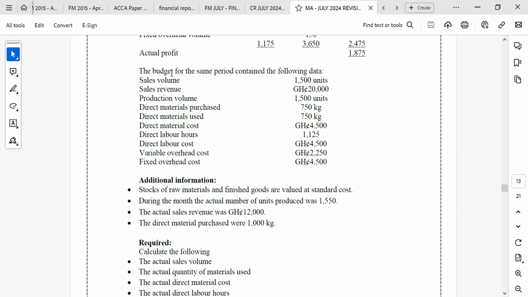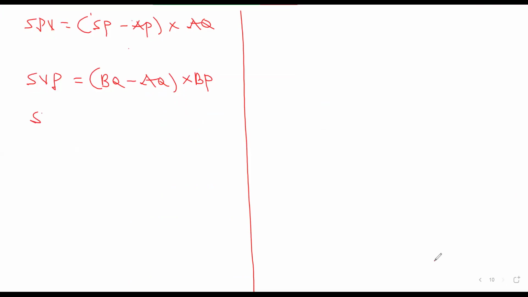Don't approximate. Just make it the best figure that you can make it. So that would be 20 divided by 1.5. If you approximate, you might not be getting the actual figure. So let's see whether we can find our standard selling price.